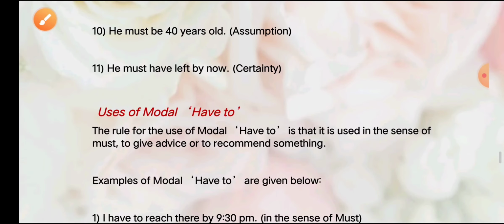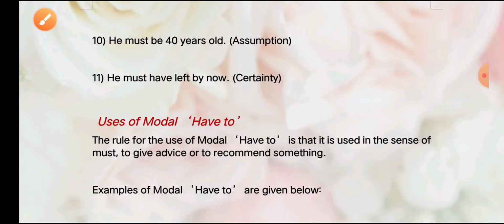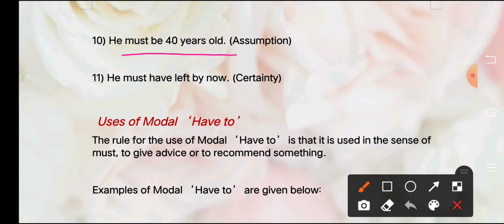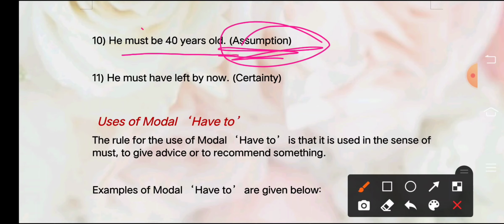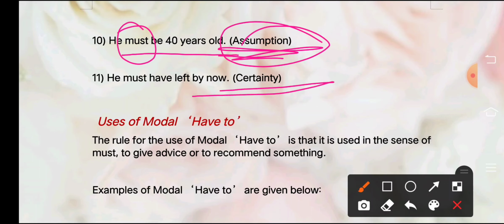And the last example for this must is: He must be 40 years old. तो ये assumption है. जब हम कुछ आइडिया लगा रहे हैं किसी के बारे में, अनुमान लगा रहे हैं किसी के बारे में कि वो 40 साल का तो होगा ही, कि इतना तो है ही, ठीक है. तो यहाँ हमने assumption किया है किसी के बारे में. So he must be 40 years old. Next and last of this must is certainty. So you must have left by now.